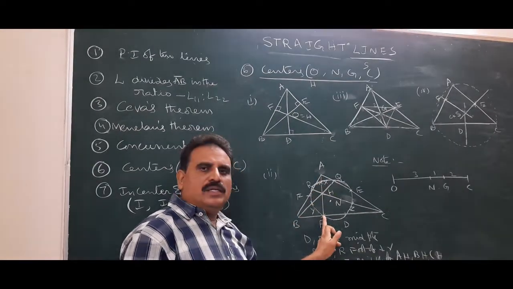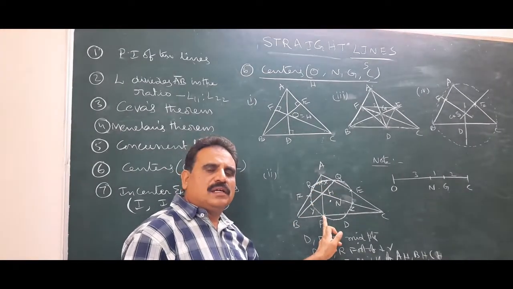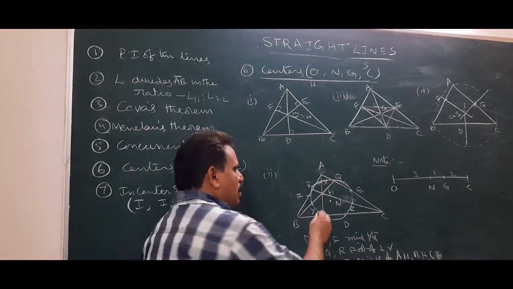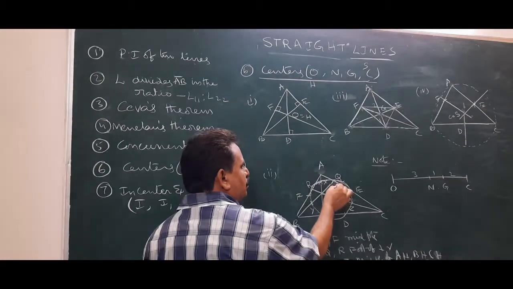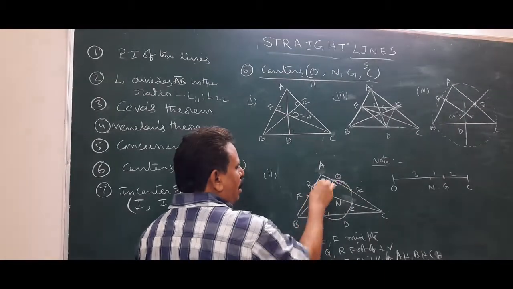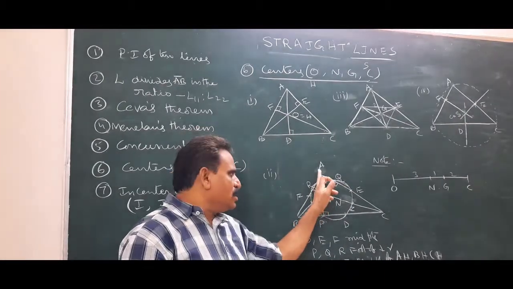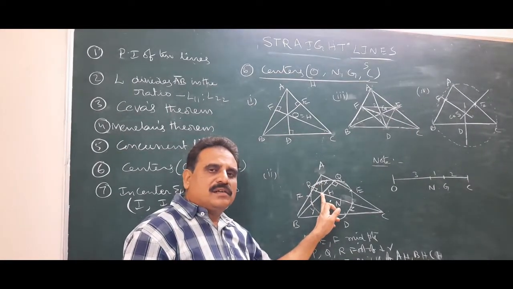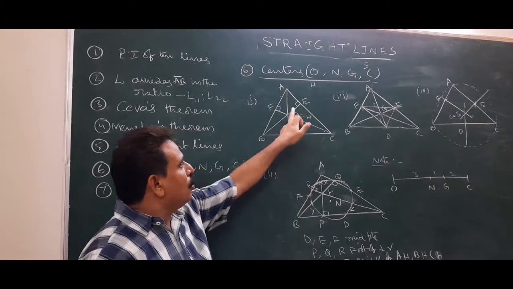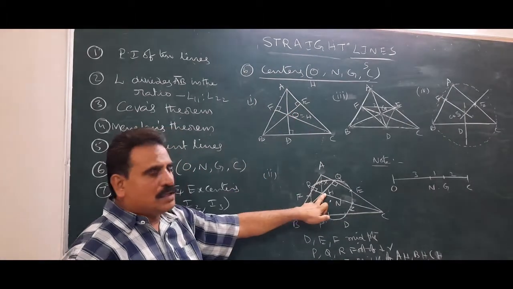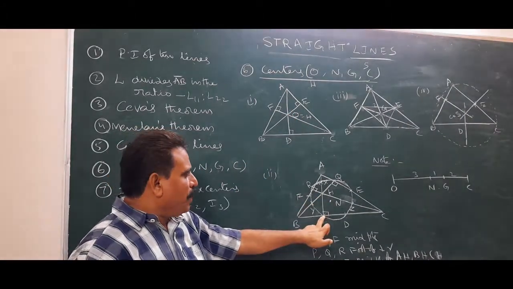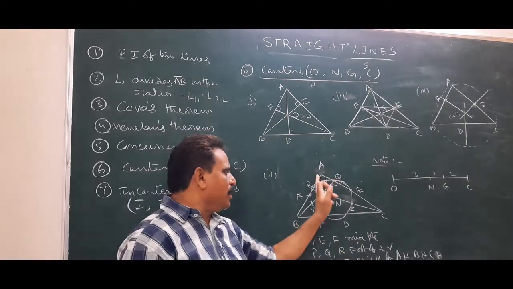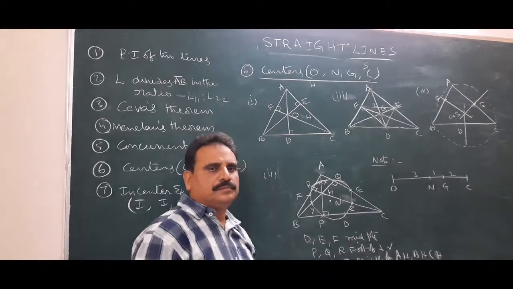P, Q, R are the feet of the altitudes, the feet of perpendiculars. AP is the foot of the perpendicular, that is nothing but the altitude. AP is an altitude, BQ is an altitude, CR is an altitude. These three altitudes intersect at a point. That point is called the orthocenter, H. So P, Q, R are the feet of perpendiculars drawn from vertices to the opposite sides.